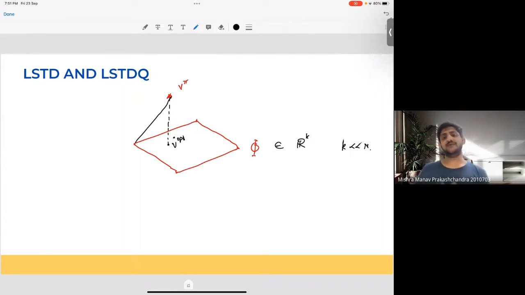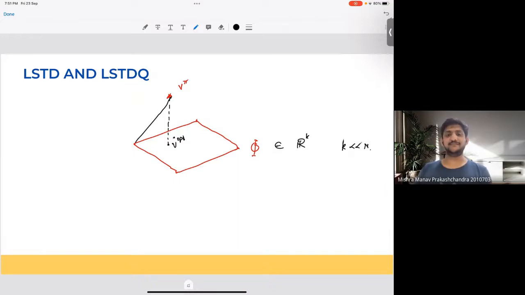R^n is the space in which my v pi lies, and R^k is the space in which my transform basis function lies. So in this case, my v pi lies in the 3D space, but my phi lies in some 2D space.